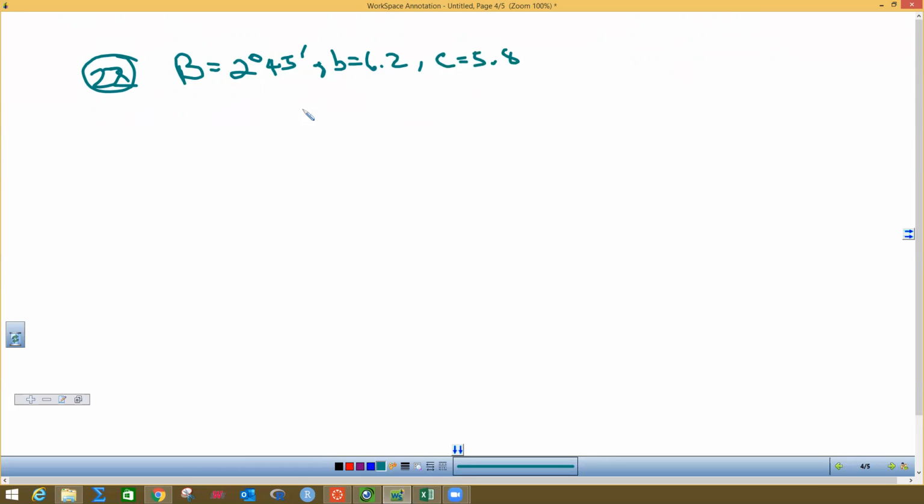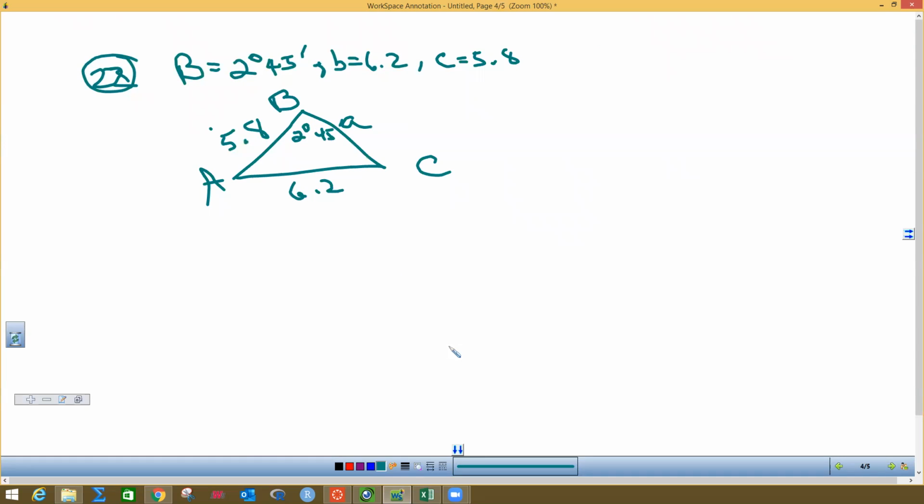So I would draw a picture and put on it what they gave me. The reason I'm doing this again is because over 90% of us are visual learners, which means pictures help. That's why you should always draw a picture if you can.